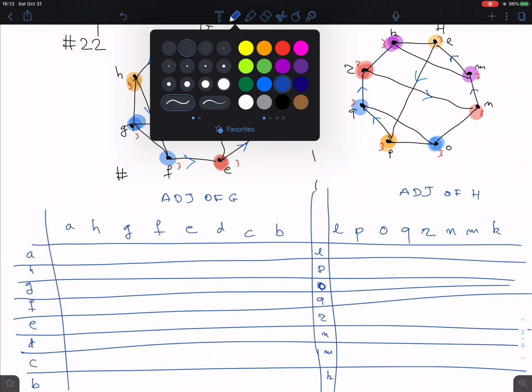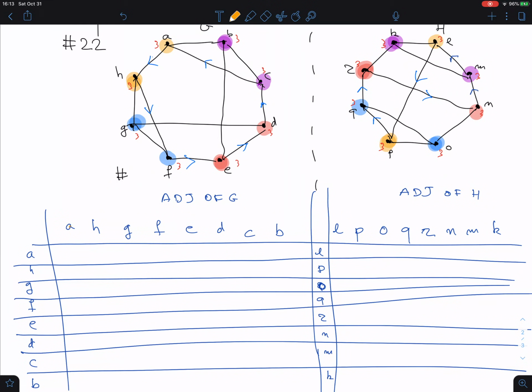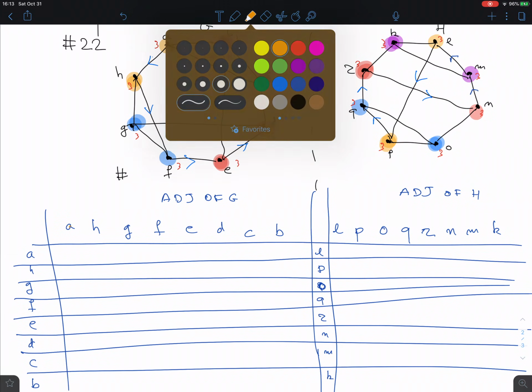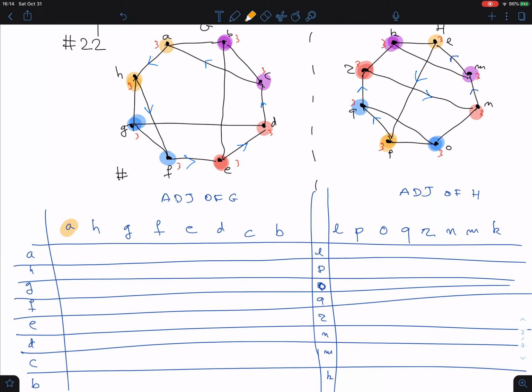So for instance, A was a single yellow. Well, then the first one should be the single yellow. This was a double yellow. Well, this is the double yellow. The next one was a double blue. I'm not going to do everything, but just to see: double blue, and that would go to this double blue, and so on. Perhaps to do one more, the next one is a single blue.